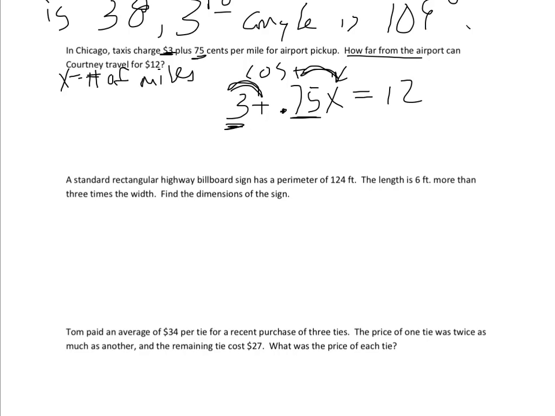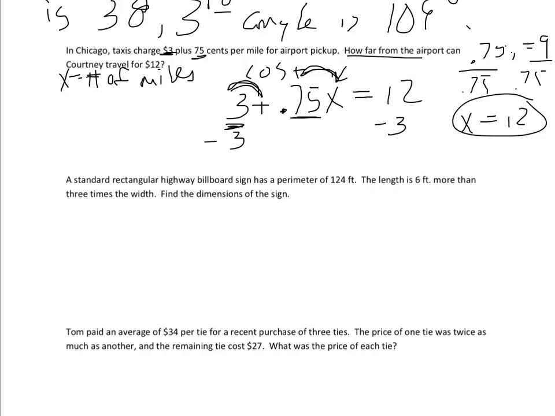Now solving this, we want to isolate the x, so subtract 3. That gives us 0.75x equals 9. So divide by 0.75. And if we do that, we're going to get that x equals 12.